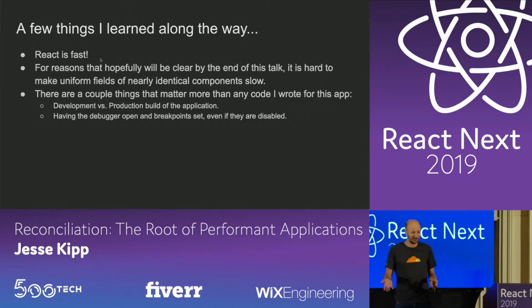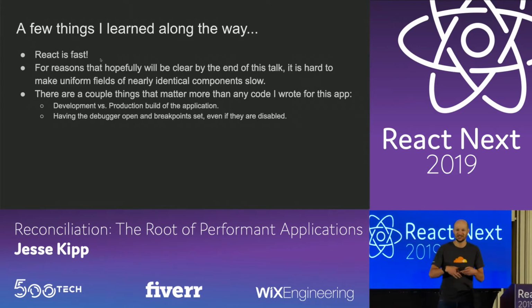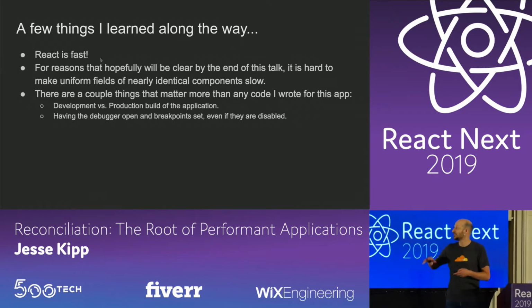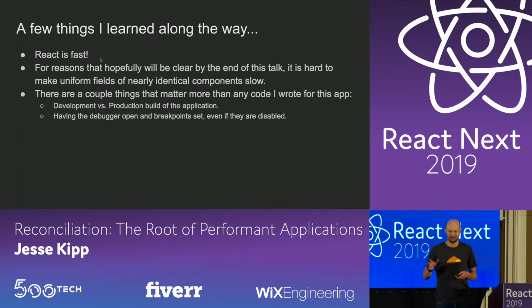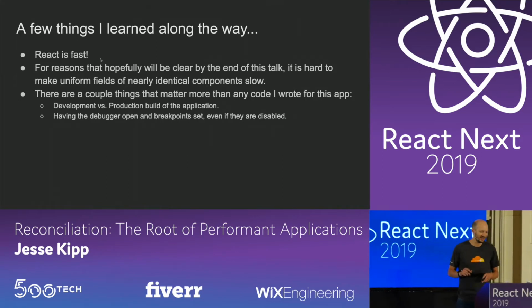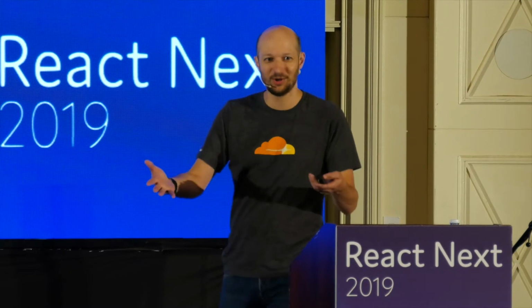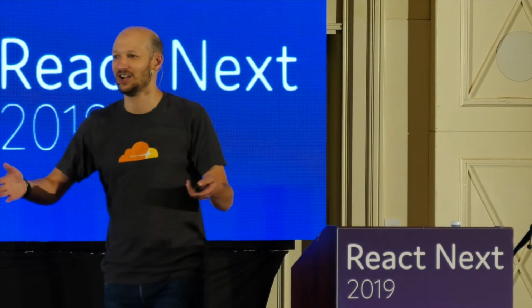First of all, React is pretty fast, especially if you're using pure React without any other libraries or systems on top of it. The whole application that I wrote is about 250 lines. For reasons that will hopefully be clear to all of you by the end of this talk, this was actually a terrible application to try to demonstrate poor performance on.